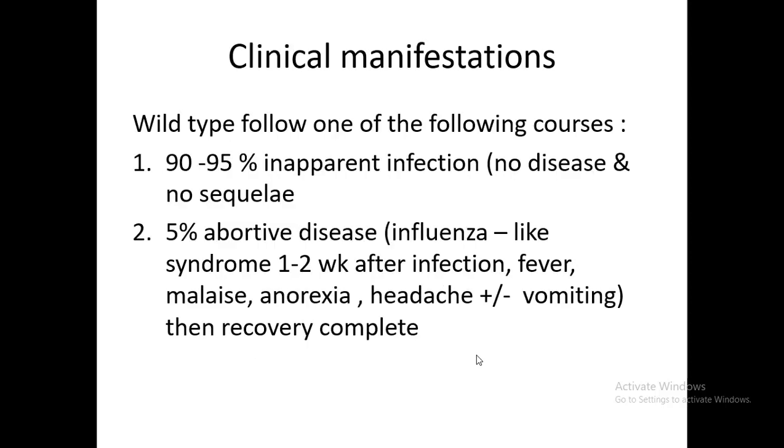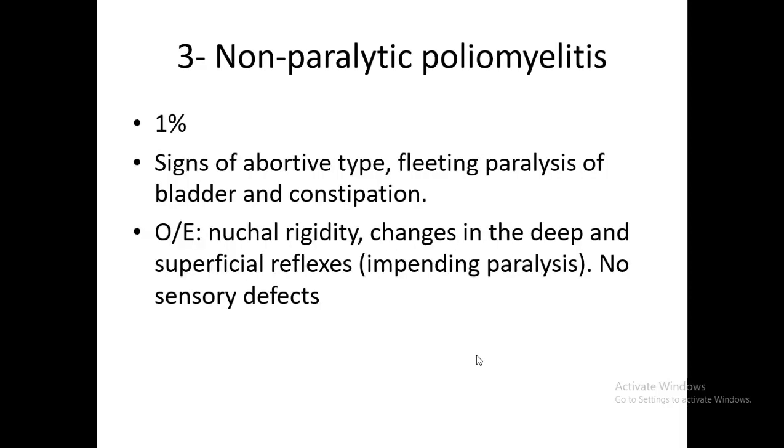As we mentioned before, in 90 to 95% there is inapparent infection, no disease and no sequelae. 5% have abortive disease, a flu-like illness. 1% have non-paralytic polio, flu-like illness associated with some stiffness, neck rigidity, and changes in the deep tendon reflexes, but there are no sensory defects because the problem is in the anterior horn cells, which are motor cells.